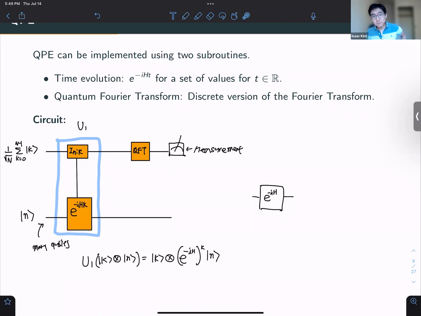Well, it's very simple. What you would do is you think of K as a binary representation. So think of this as, let's say, a 3-bit number. What I would do is something like this.